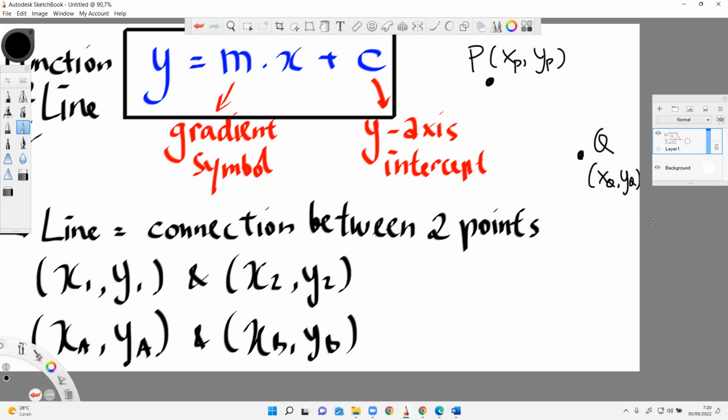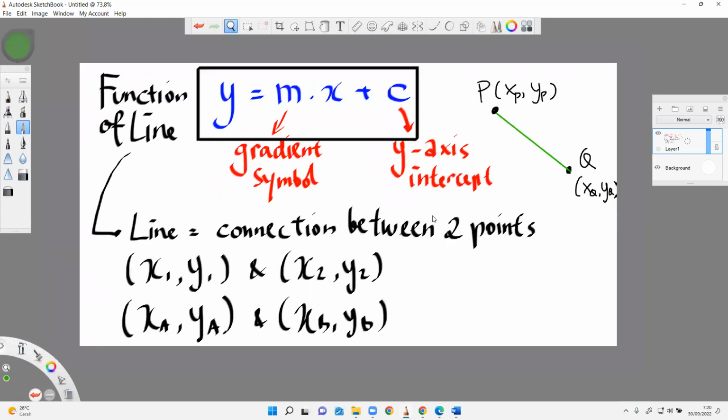So you can produce a line from those 2 points. One line is produced by 2 points, and this line has a specific gradient that we will find in a moment.